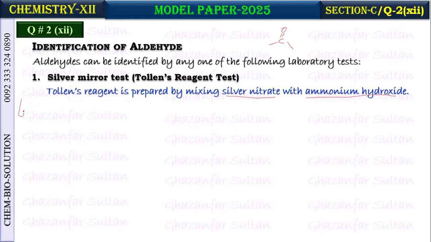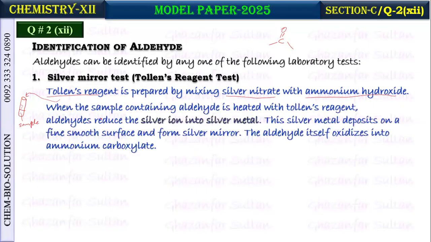What we do is, again, take a test tube with the sample solution, and add Tollen's reagent, about the same volume as the sample. Then we mix it and heat it in a water bath at about 70 to 80 degrees Celsius.